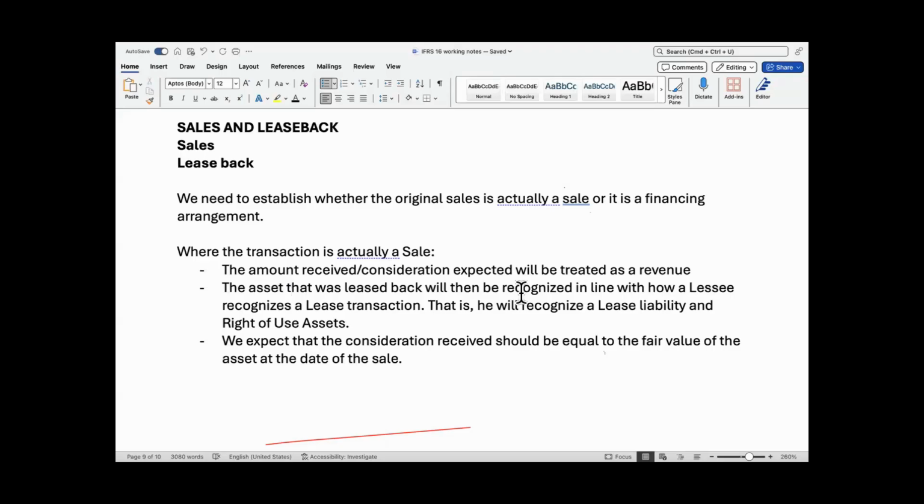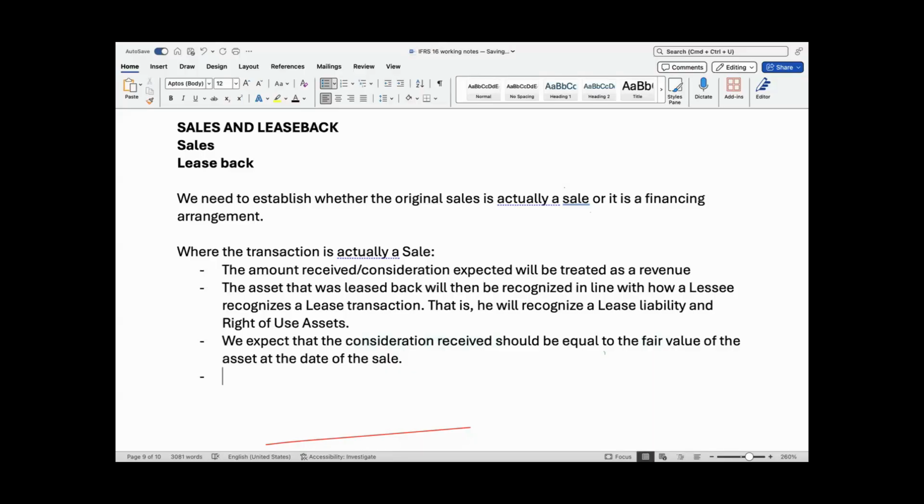You recognize that asset in line with how a lessee recognizes a lease transaction, so you recognize a lease liability and also a right of use asset. Additionally, we expect the consideration he has received to be equal to the fair value of the asset. That's our expectation.